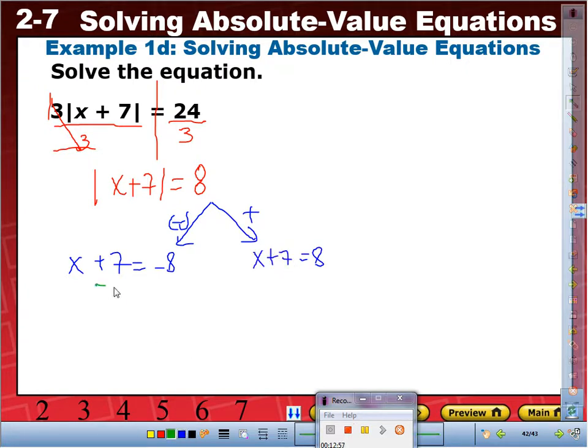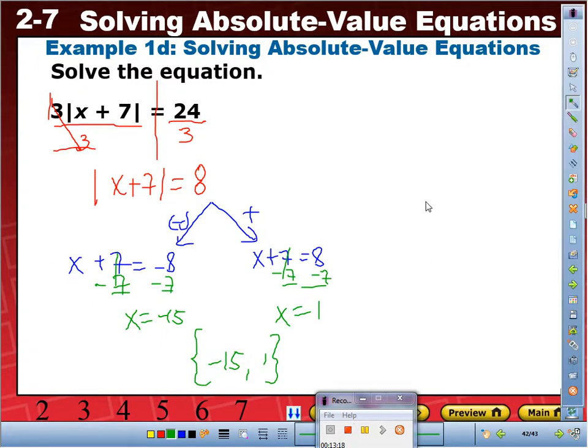And how do we solve this? Minus 7 minus 7, x equals negative 15. This one minus 7 minus 7, x equals 1. So my solution set is negative 15, comma 1. The parts are good? Okay, let's move on.